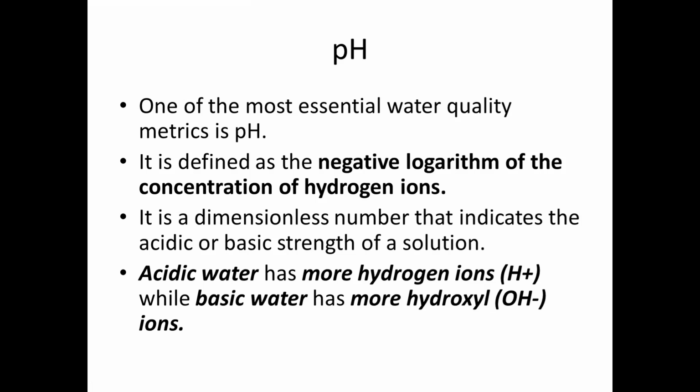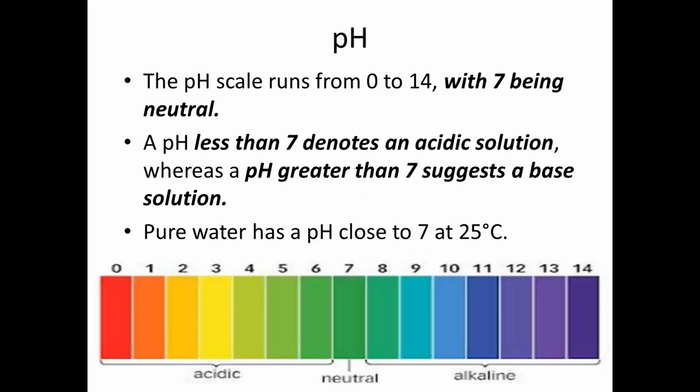When we have basic water, surpassing the limit of 11.5, it could also cause scaling inside our boiler. Just a review: 0 to 6 is classified as acidic, and 7 is neutral. Above 7, it is classified as alkaline, or basic.